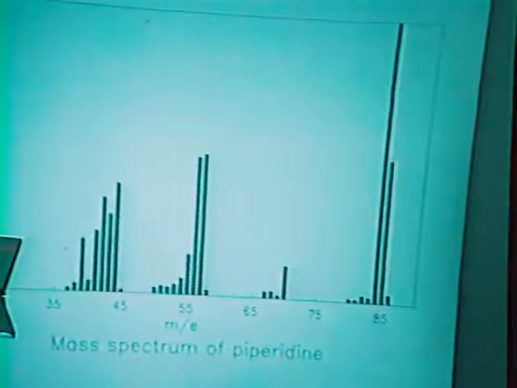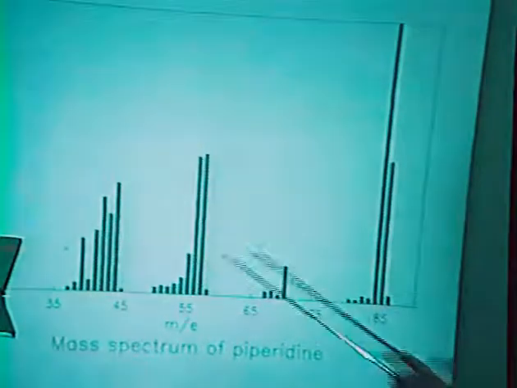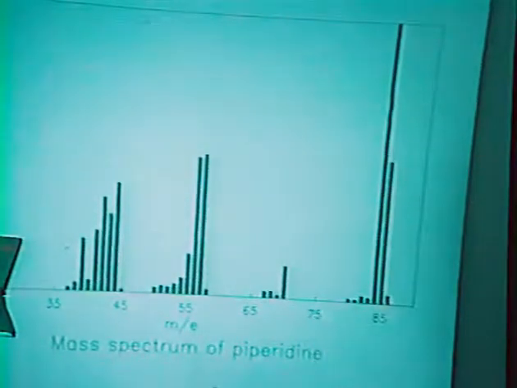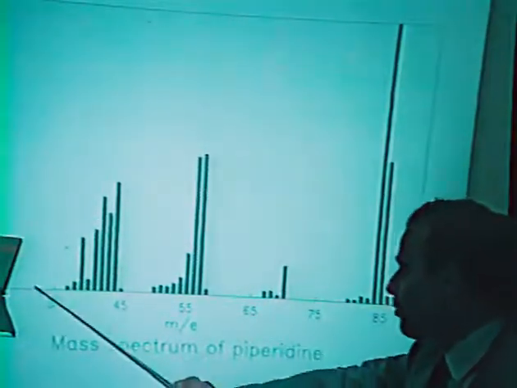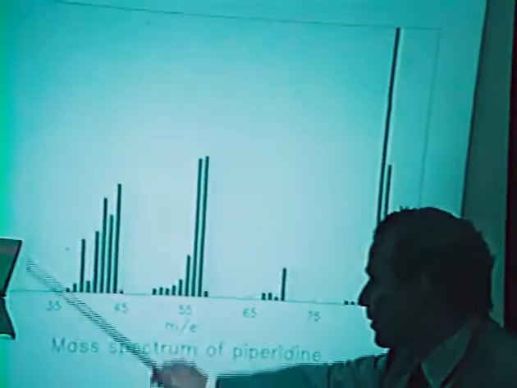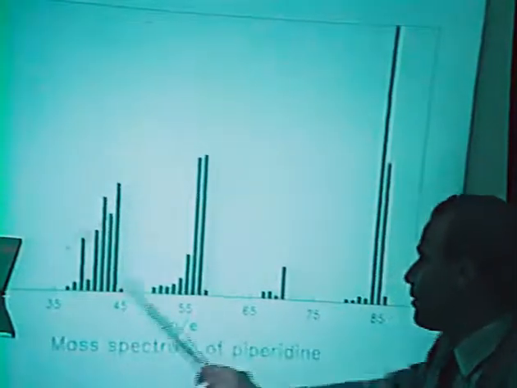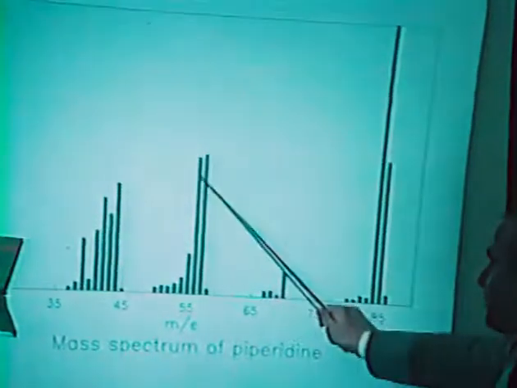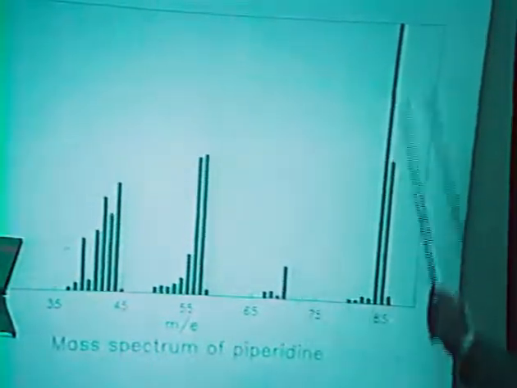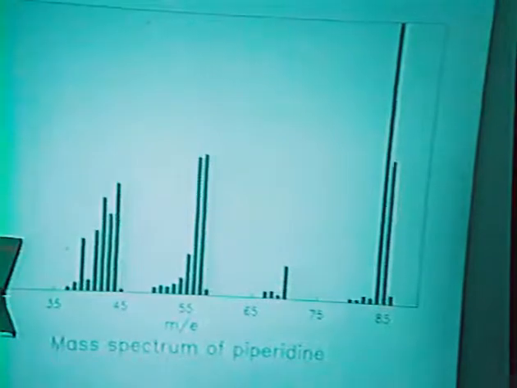I'm going to show it later, but this is a general mass spectrum of piperidine. The main peaks that show up, which I'm not showing here, are 29, 30, 43, 44, 55, 56, 57, 70, 84, and 85. Keeping in mind these numbers, let's see what we found.